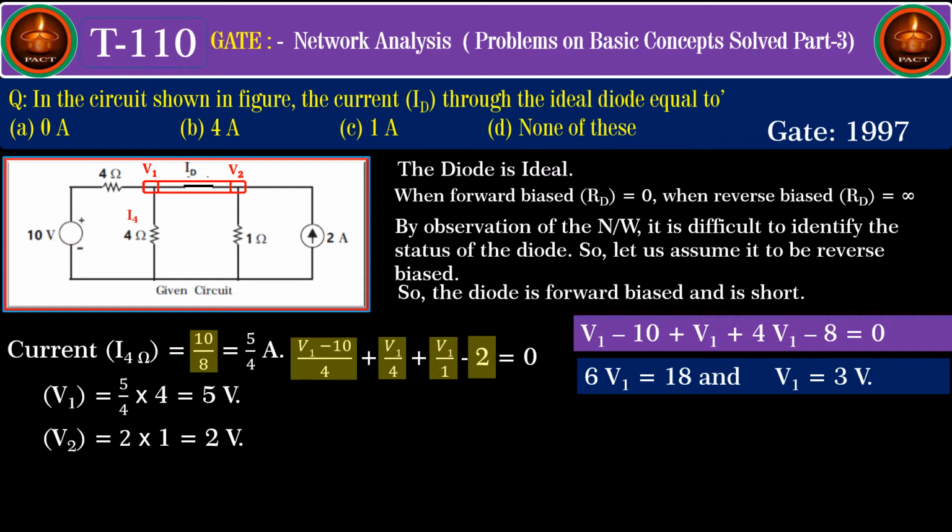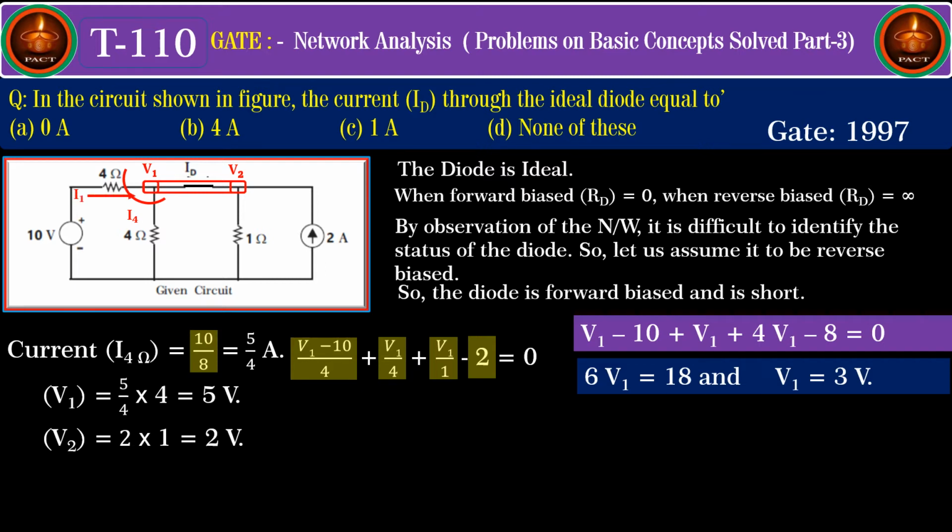Once we know V1 and we want to find ID, the current flowing through the diode, we have to concentrate on V1. If we find these two branch currents, we can apply Kirchhoff's current law to node V1 and find ID. That is simple.